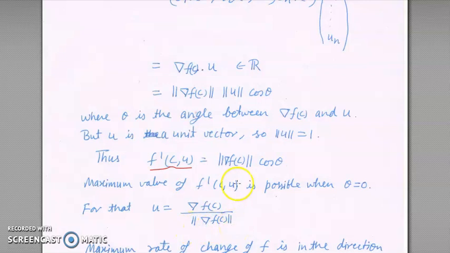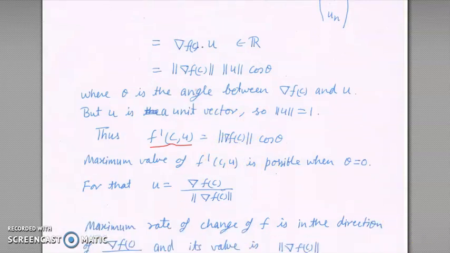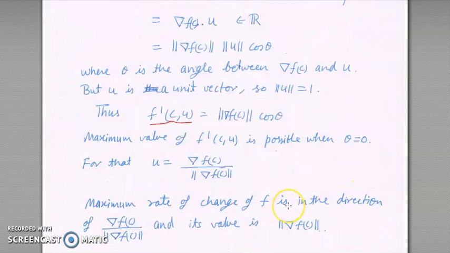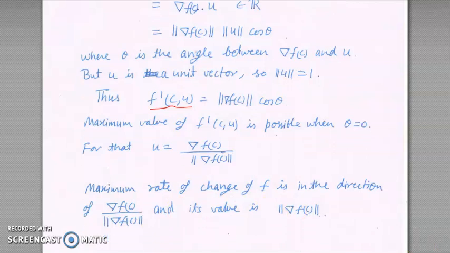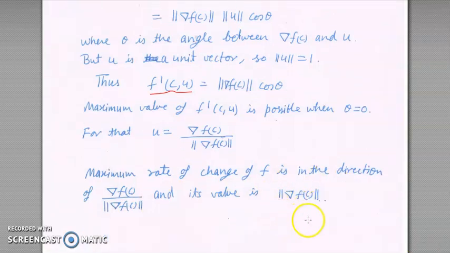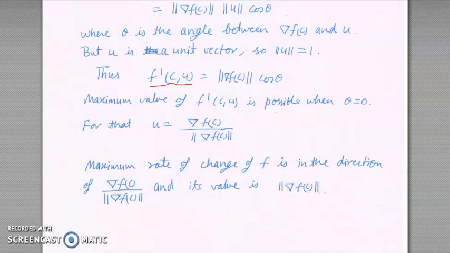And what will be the maximum value? The maximum value will be the norm of the gradient of f at c. So the maximum rate of change of f is in the direction of gradient of f(c) upon its norm, that is the unit vector along the gradient, and the value of the maximum rate of change is the norm of del f(c).